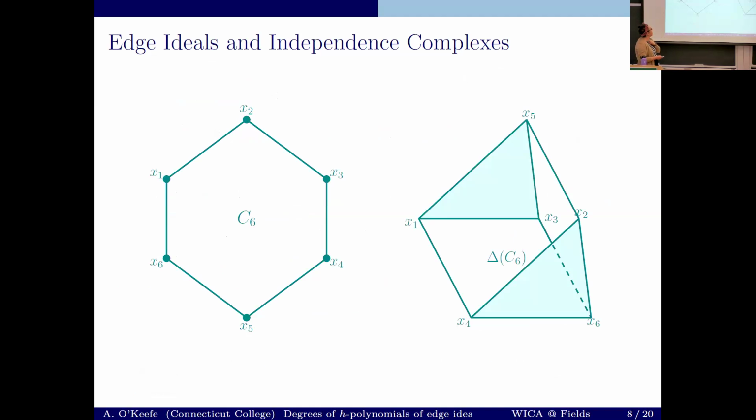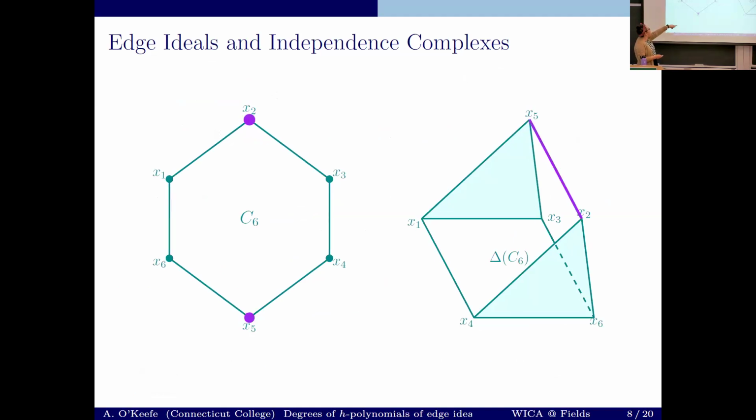That's its independence complex. X2 and X5, that's an independent set because there's no edge between them. It's actually a maximal independent set because those two are adjacent to every other vertex. And so those two correspond to that edge in the independence complex. Those three, that's another maximal independent set corresponding to the triangle, etc.